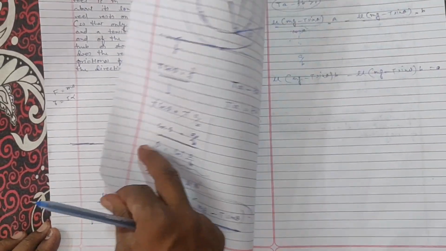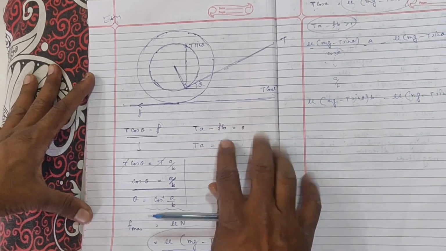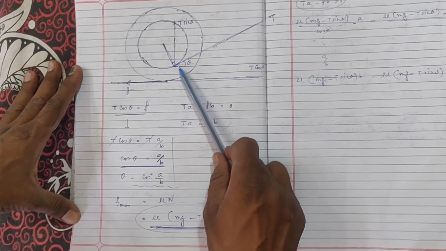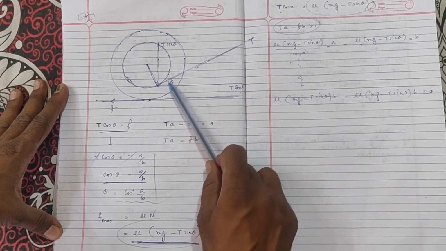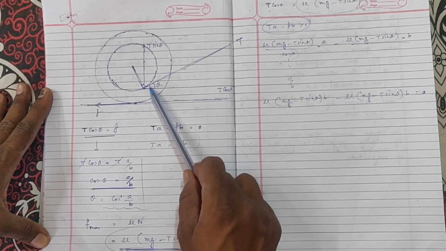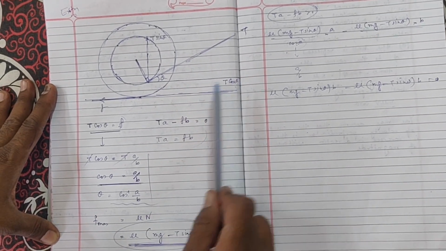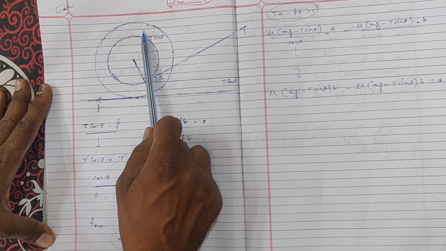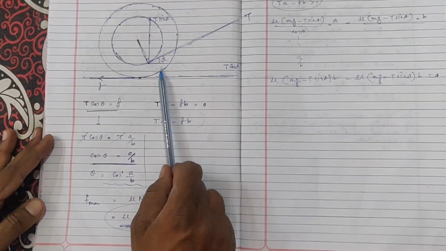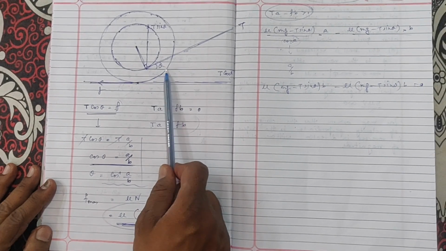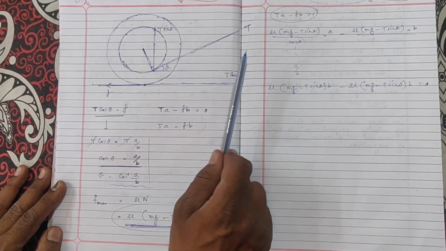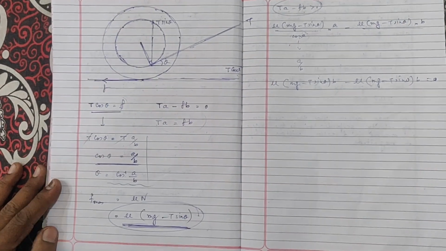Now critical angle. Now suppose we are applying force, that is tension, through the string at an angle theta with horizon. So it has two components, T cos theta and T sin theta. But we want to find critical angle, that is at certain angle it will not move in forward direction or backward direction.